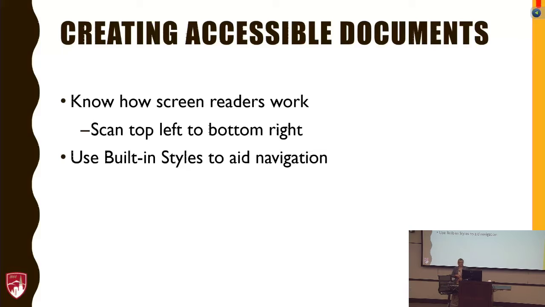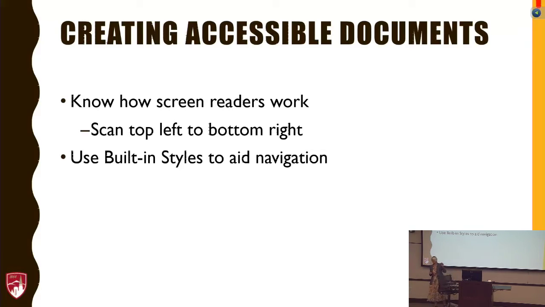But what you need to do is know how they're being read by JAWS, how they're being viewed. When JAWS looks at a document, it scans from top left to bottom right, and it uses clues for navigation.